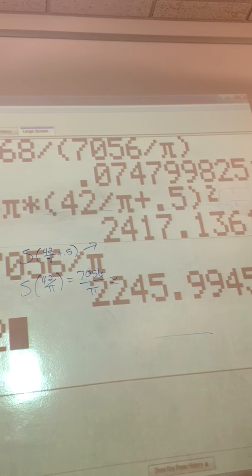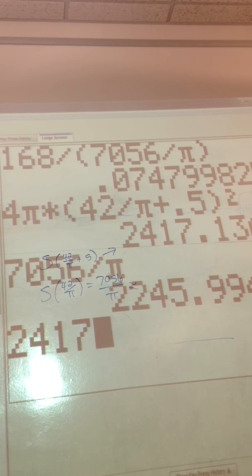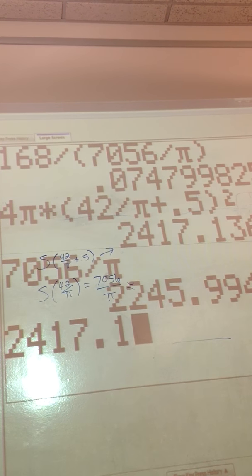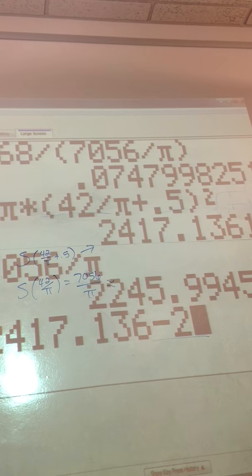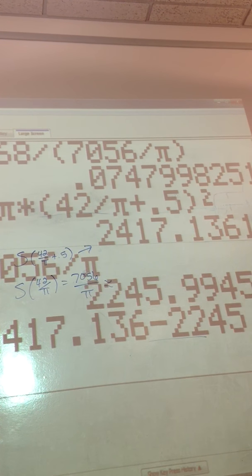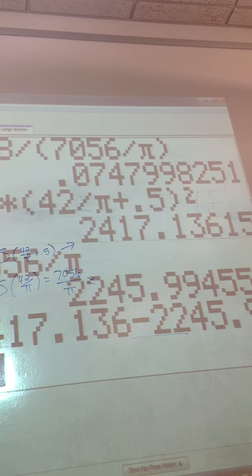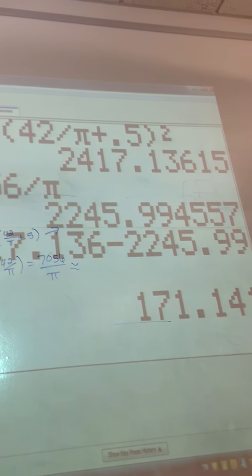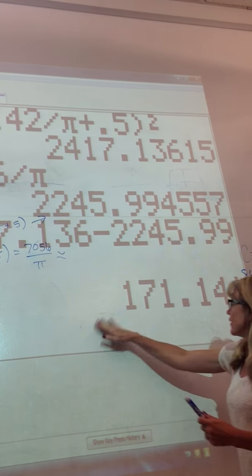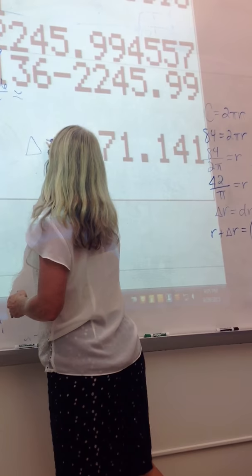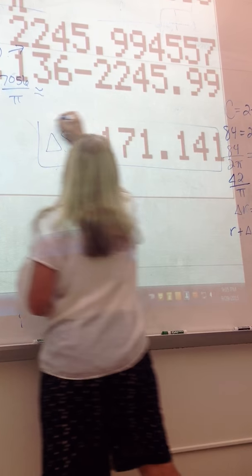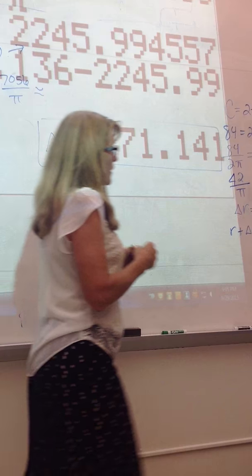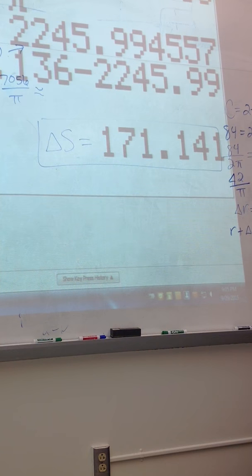New minus old, 2417.136 minus 2245.995 is about 171. So this is delta S. And then what we have over here is dS.